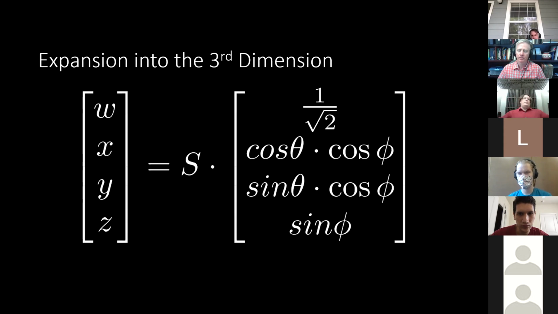And so we just expand our matrix so that our horizontal sine cosine relationship with x and y now includes our sine cosine relationship with z, which is our vertical pointing axis.